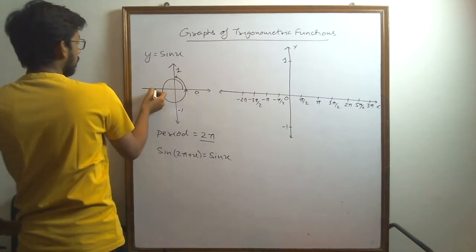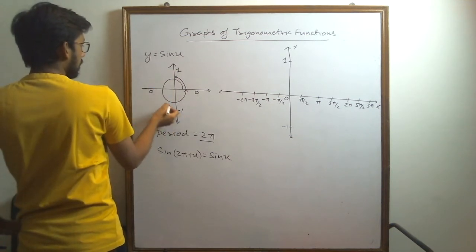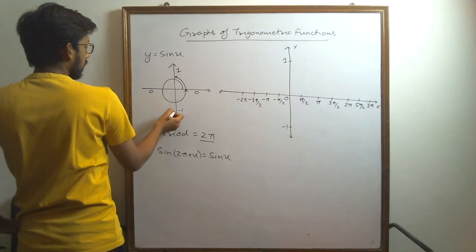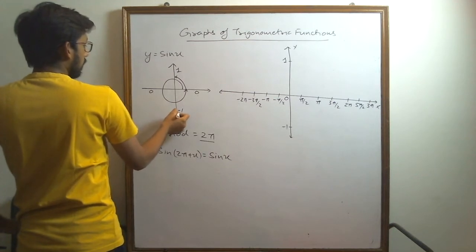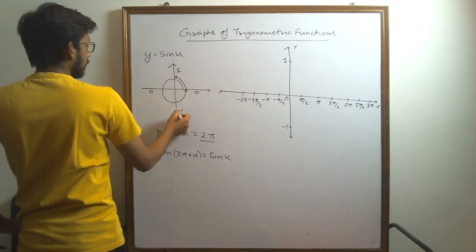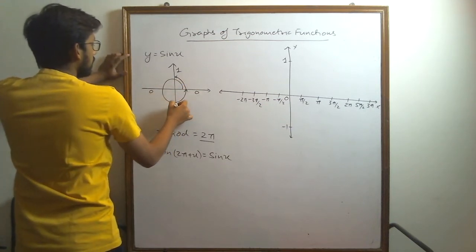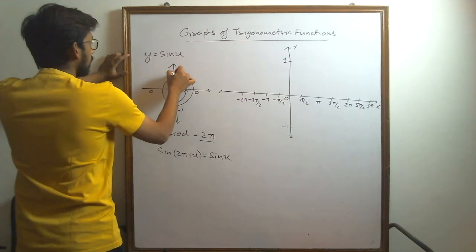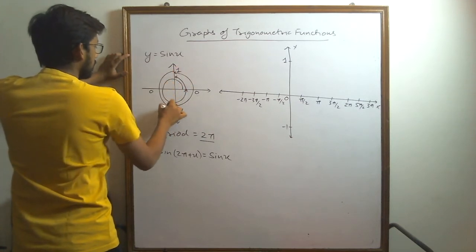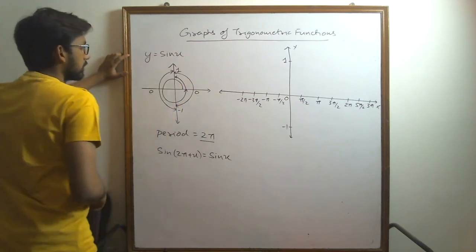Correct? Then from pi to 3 pi by 2, the value goes from 0 to minus 1, and after that the value from 3 pi by 2 to 2 pi goes from minus 1 to 0. So the graph is increasing here and decreasing in these two quadrants.